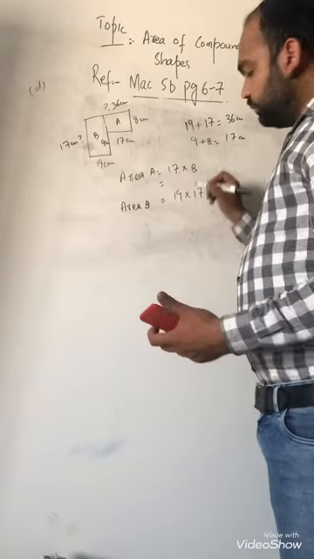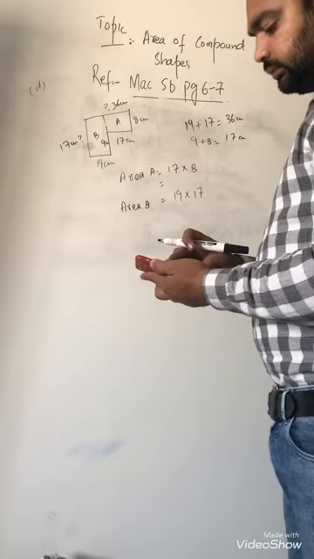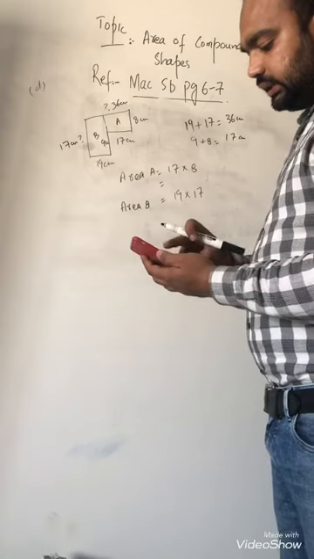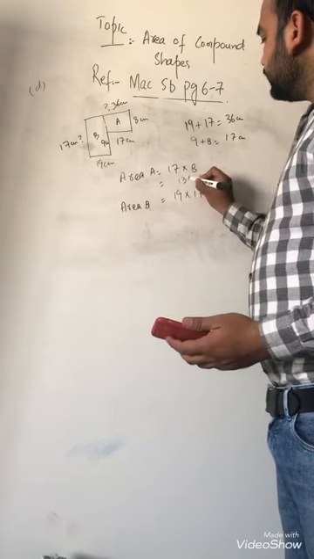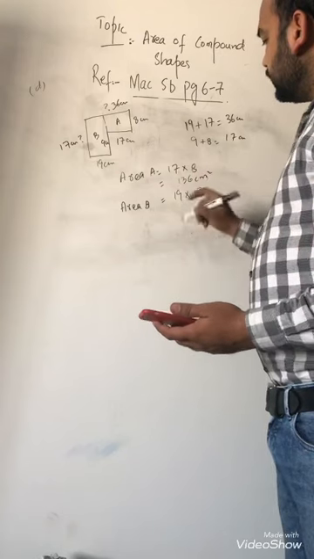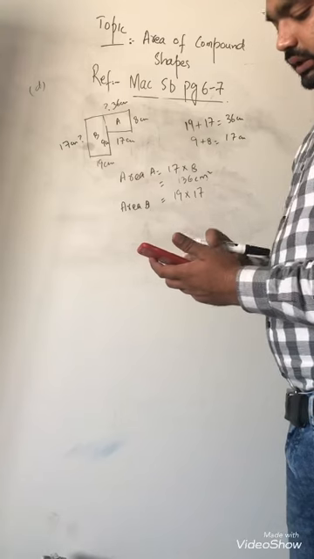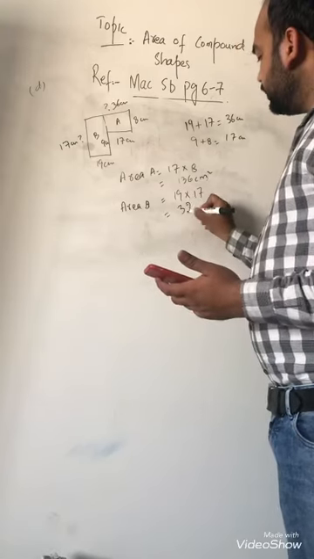So what we will do, we will multiply both of them. If you multiply 17 by 8, I'll get 136 centimeter square, and 19 by 17 will be 323.